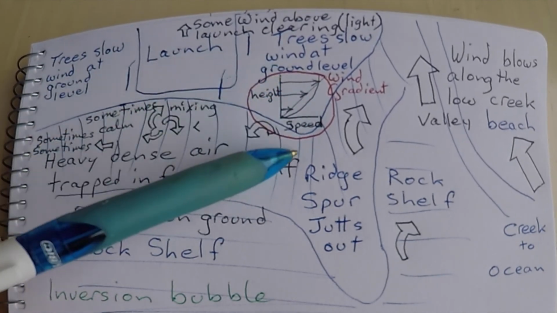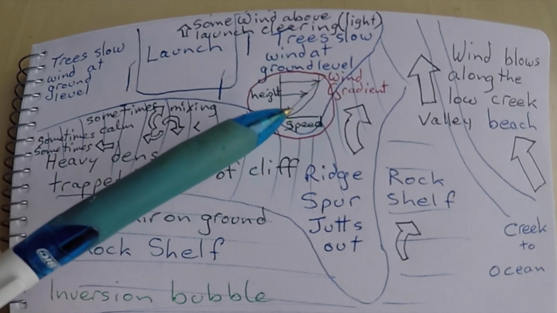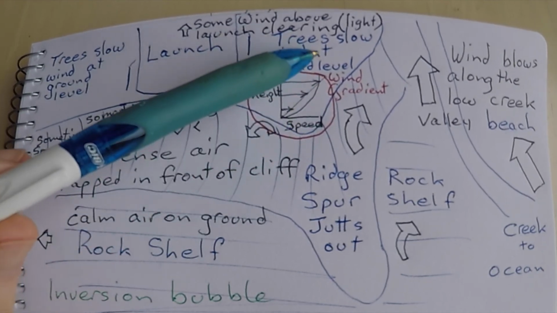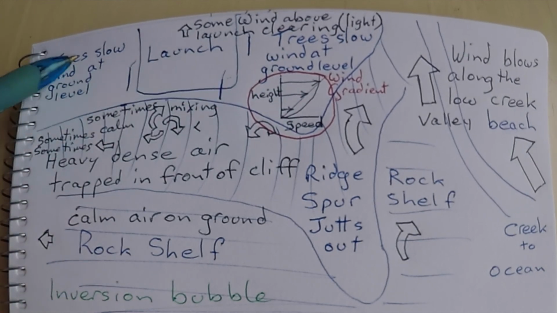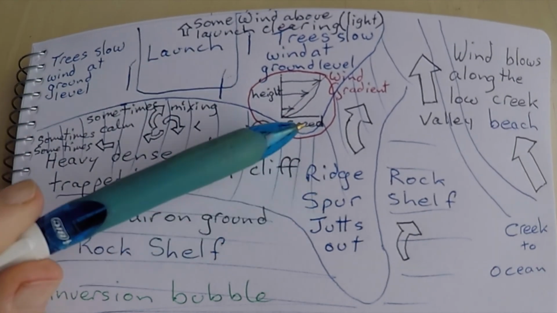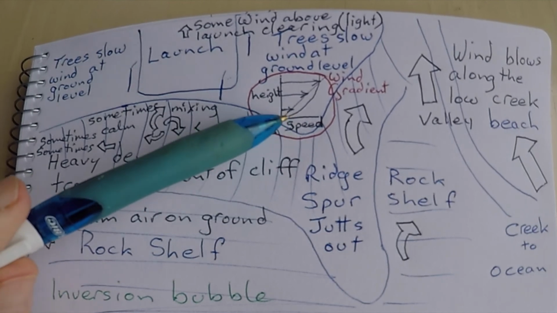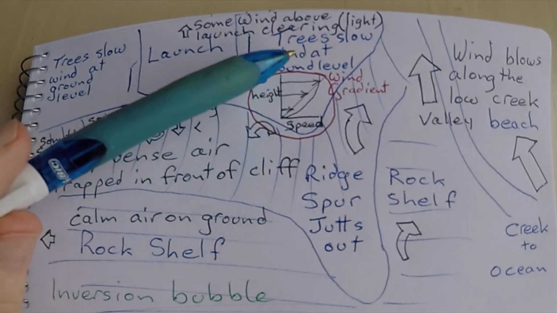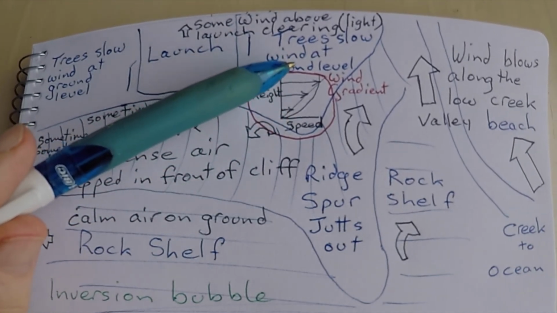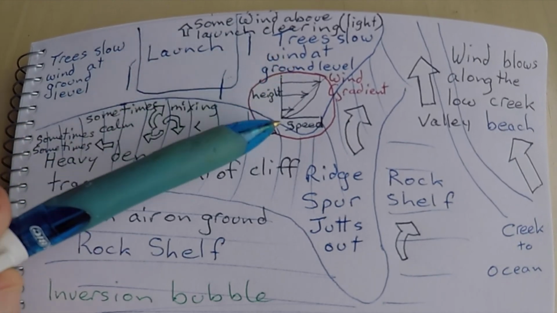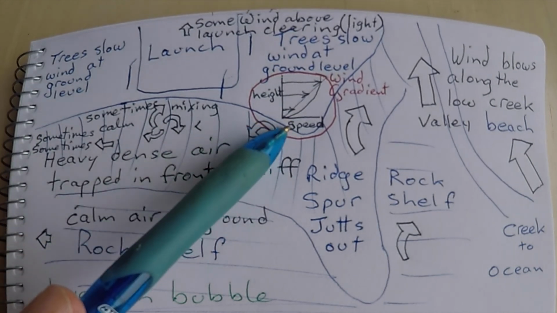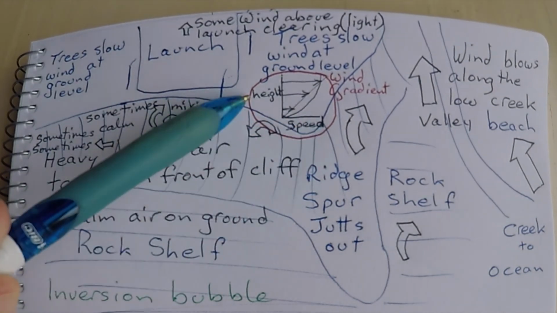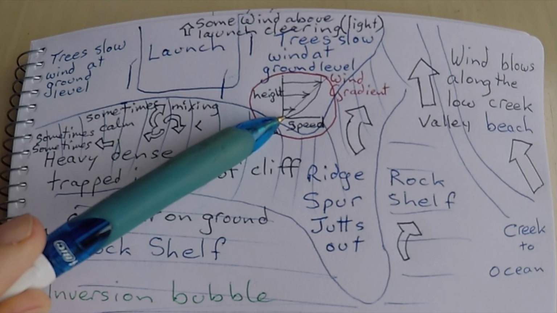This little red circle here is showing the wind gradient. So here we have trees, and here we have trees. And where we have trees, they grab the air and slow the wind down at ground level. So this little diagram is a picture of wind gradient showing the speed on this axis and the height above ground on that axis.